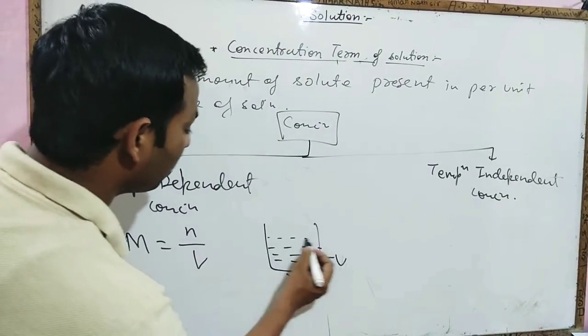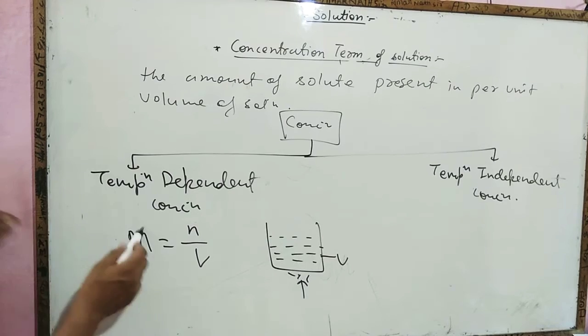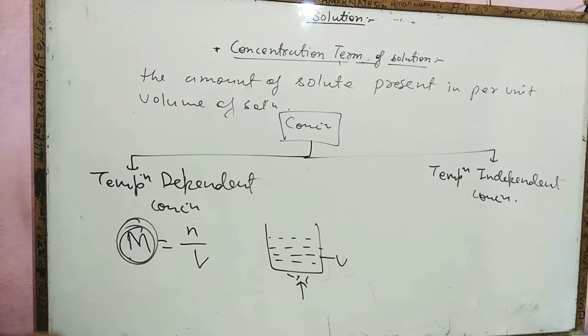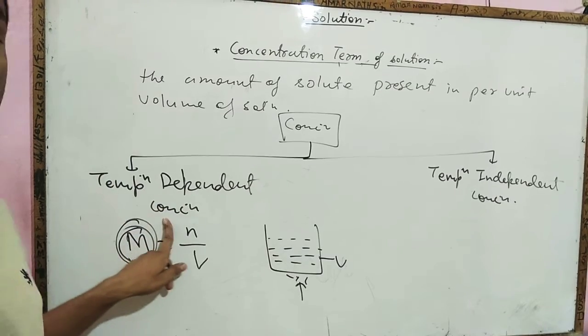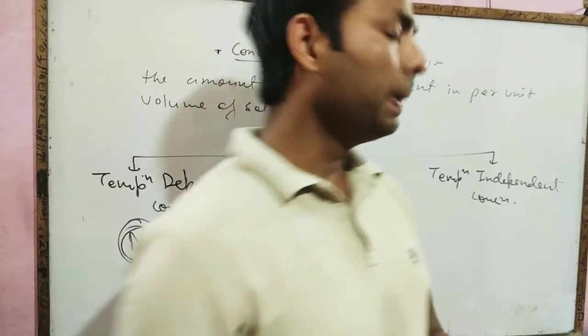So when volume increases, M will decrease, and molarity will decrease. So M is a kind of temperature dependent concentration term. Clear students?